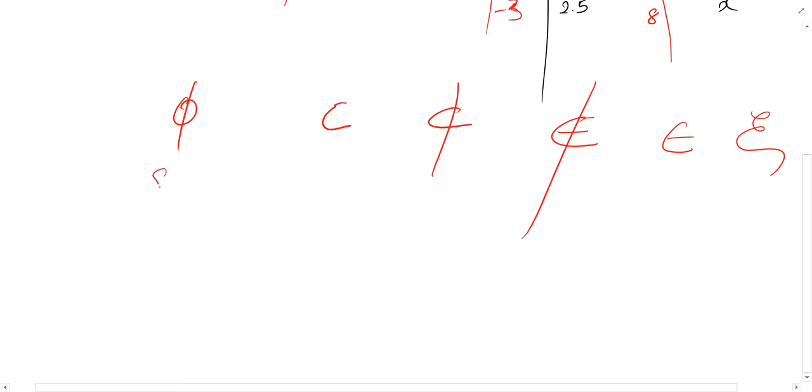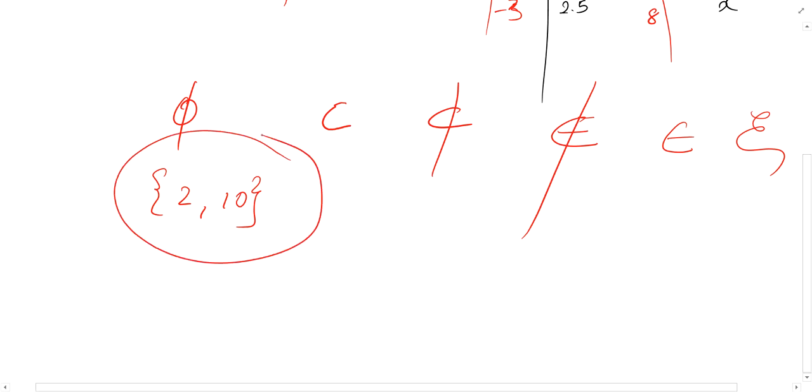We've got 2, 10. Okay, 2, 10 over here, are they elements or is this a set? This is a set, because there are curly brackets around it, right? So this set over here, the set that contains the elements 2 and 10.